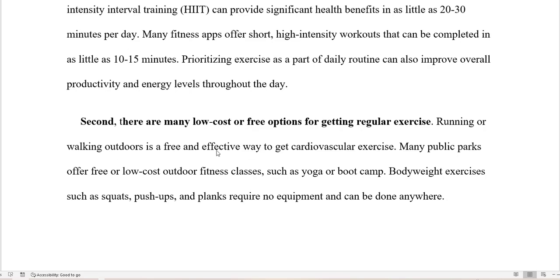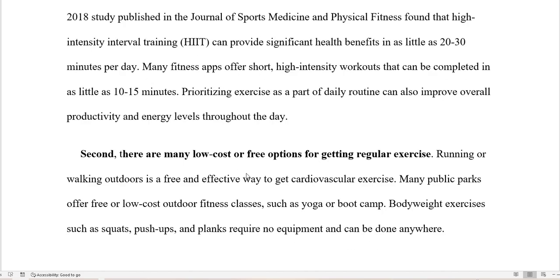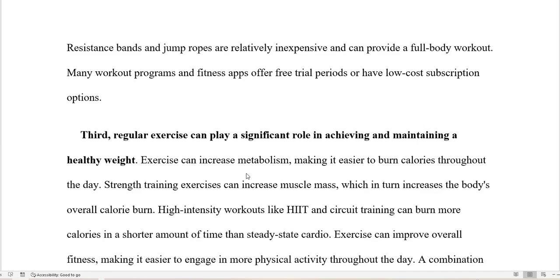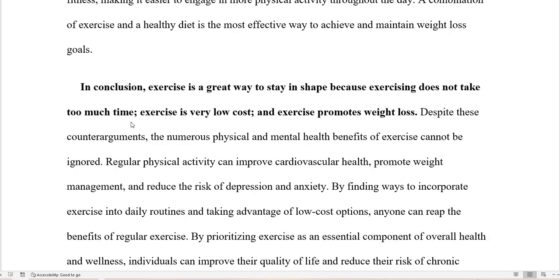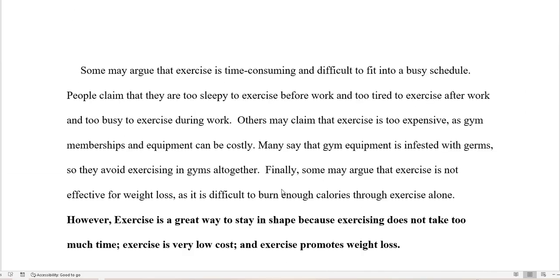Then your third paragraph would be about how exercise is very low cost. And then your fourth paragraph will be about how exercise plays a significant role in achieving and maintaining a healthy weight. Then in your conclusion, you start with your thesis statement, and then you summarize your essay in 5 sentences. And so that's the Turnabout method.